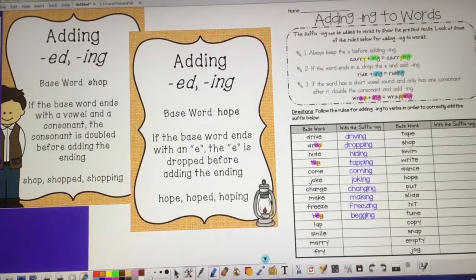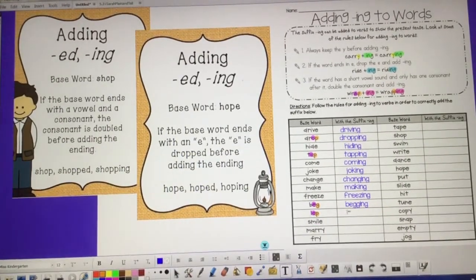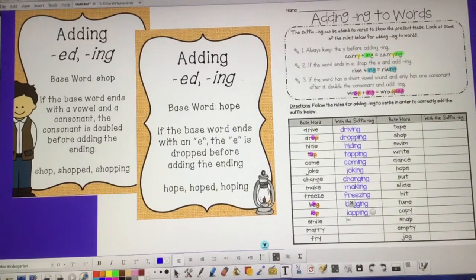Lap, same thing. Vowel, then a consonant, so I'm going to double that. So lapping. Smile that ends with an E. That's going to be rule number 2. So SMIL. Drop the E, add ING.